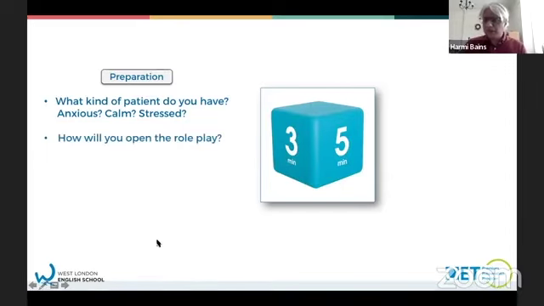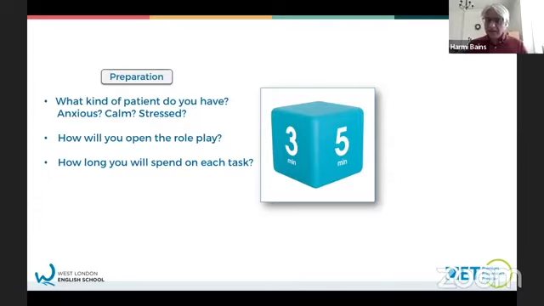Think about how you're going to start the role play as well. You get marks for opening the role play appropriately. So that's something important to consider as well. Think about how long you'll spend on each task. You'll notice you have tasks, and as you plan, some tasks you'll realize you can do fairly quickly, but some require a little bit more.